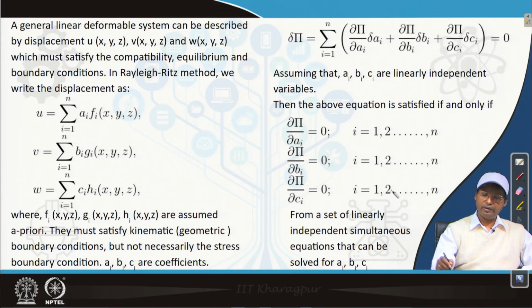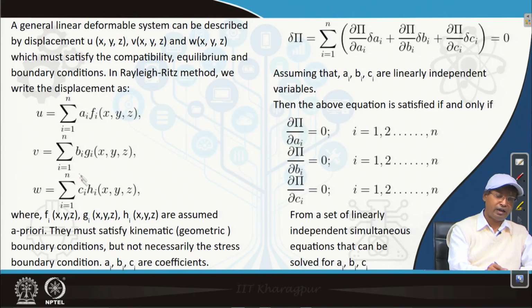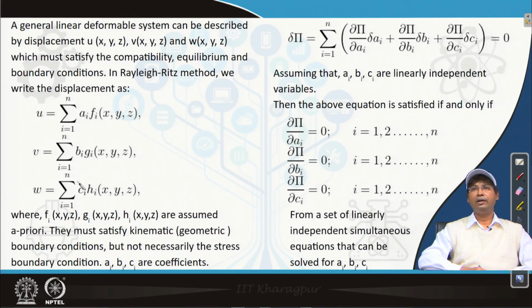So, that gives us n equations each. So, we have 3 n equations and 3 n unknowns, and these simultaneous algebraic equations we are supposed to solve.